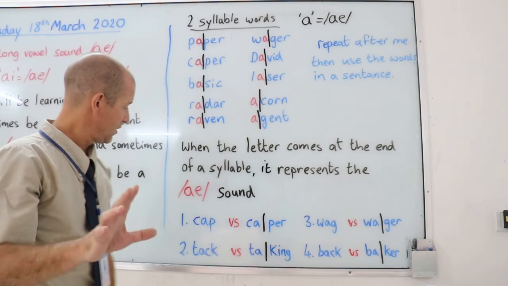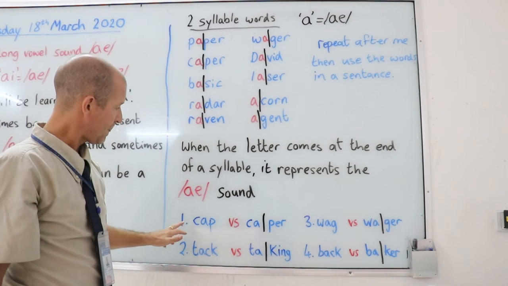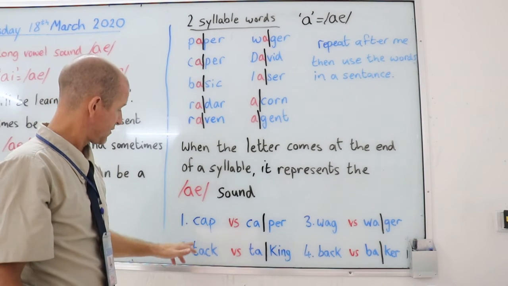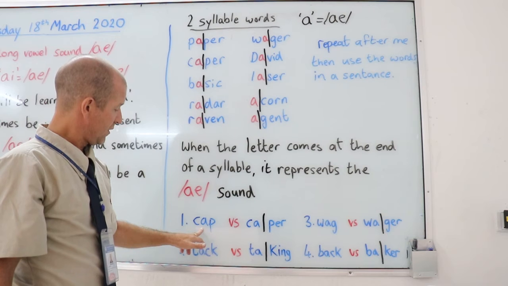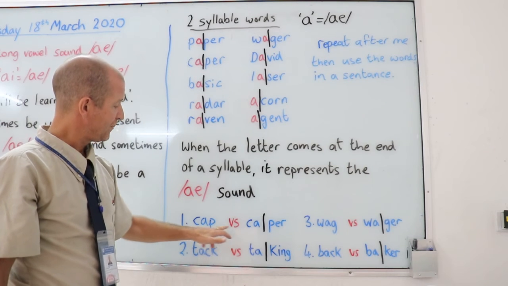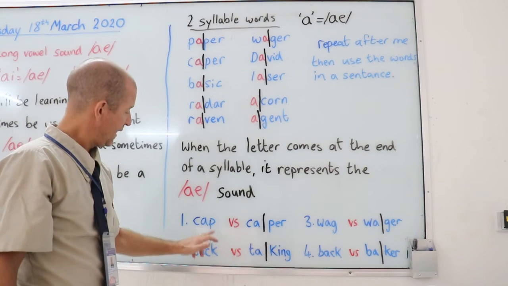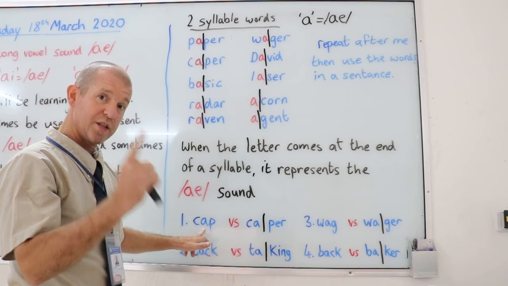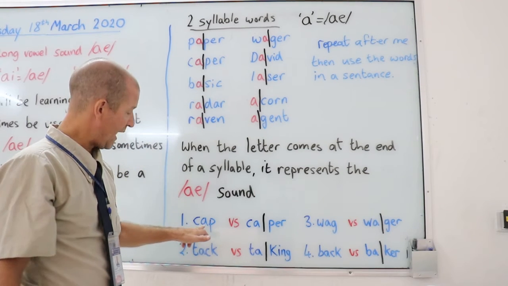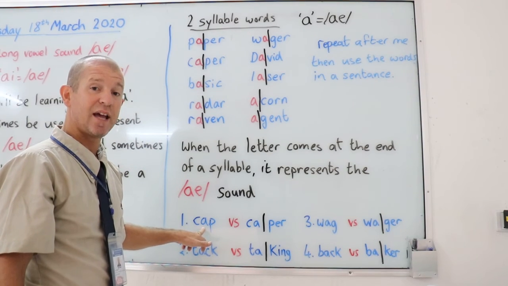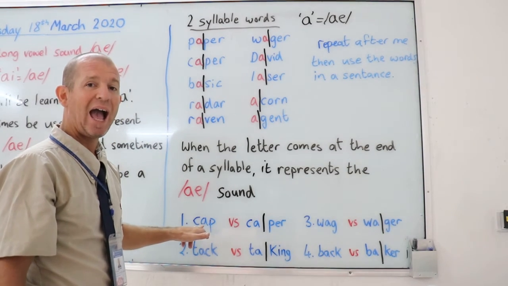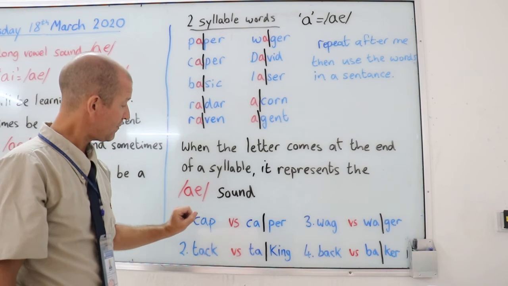Okay, so just to recap on this, we'll go through and show you the difference. We have, number one, cap versus caper. Now, cap is a one-syllable word, so the A is an A sound. Cap, cap.